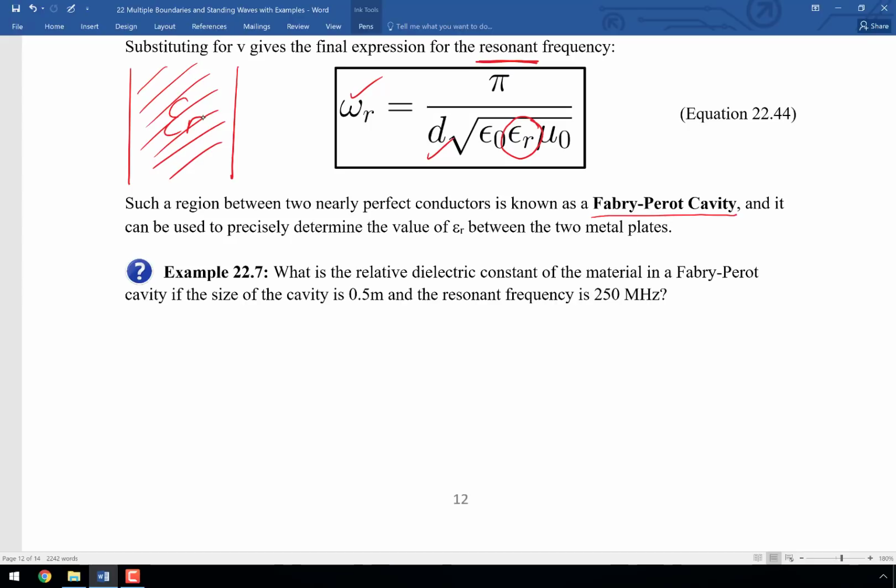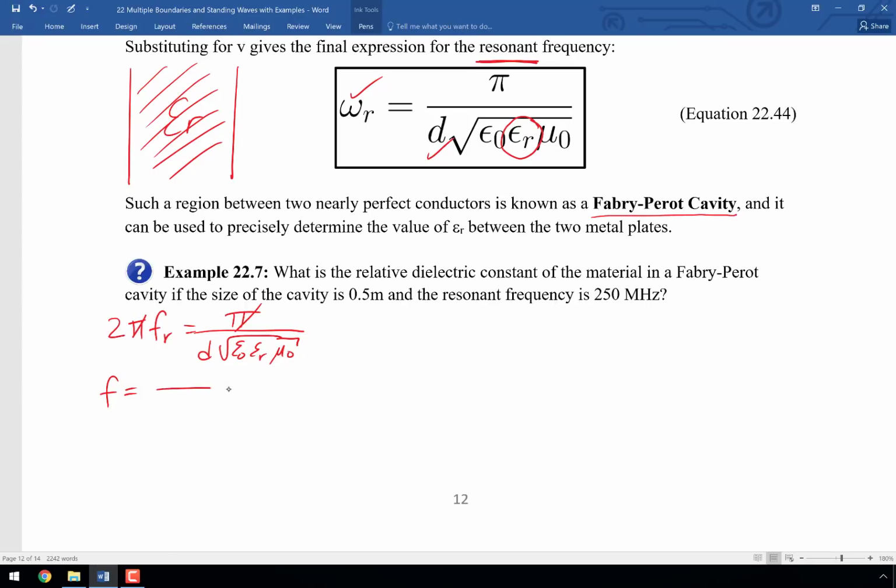So I know that omega r is equal to 2 pi times f sub r, and that's equal to, just taking from the equation up above, pi divided by d times the square root of epsilon 0, epsilon r, mu sub 0. The pi's are going to cancel, and I'll move the 2 over to the other side.